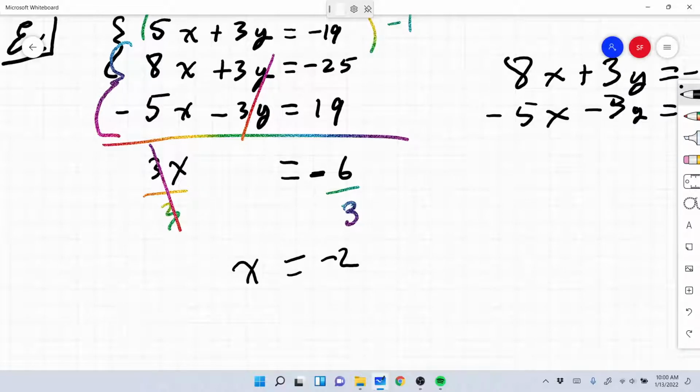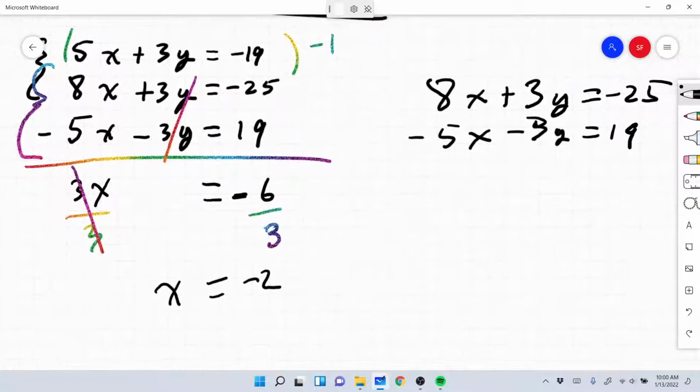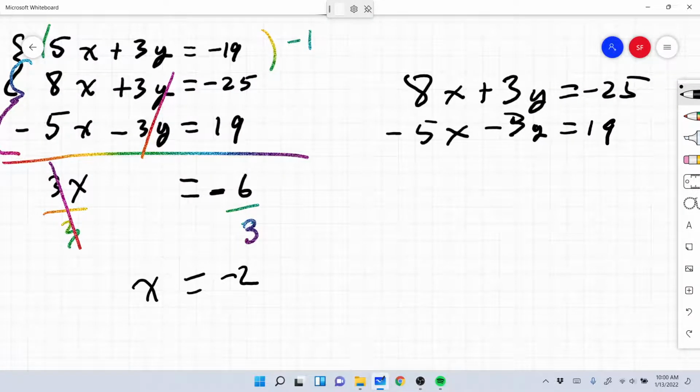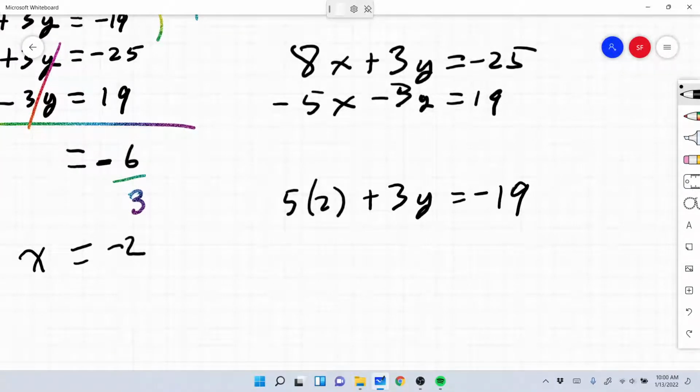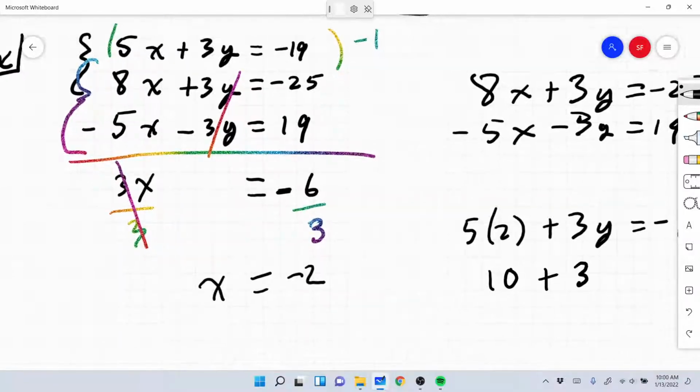And then we substitute that back in to either one, and then we solve for y. So plugging it in, let's say in the first one. 5 times -2 plus 3y equals -19. 5 times -2 is -10. Yes, it would be negative.